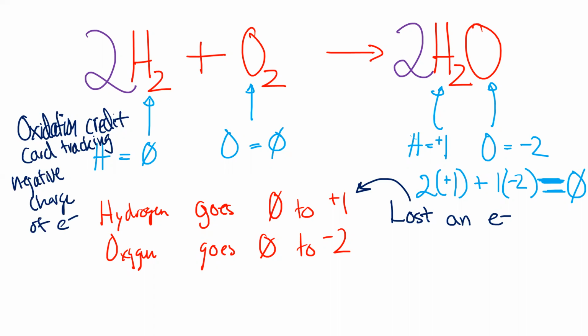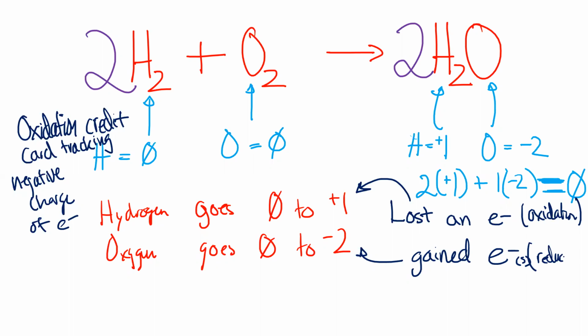So when you lose a negative charge, you go up. Here, you've gone from 0 to -2. You've gained electrons. So loss of electrons, this is oxidation. Gain of electrons, this is reduction. Okay?